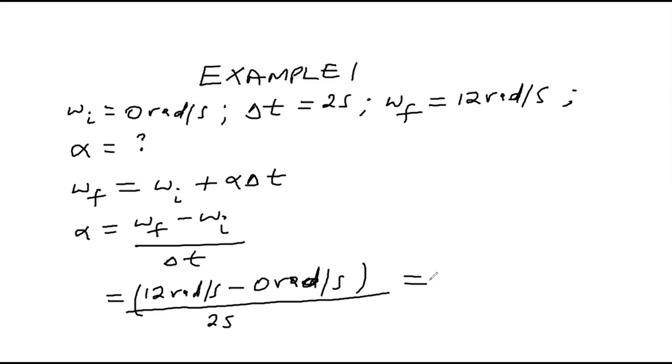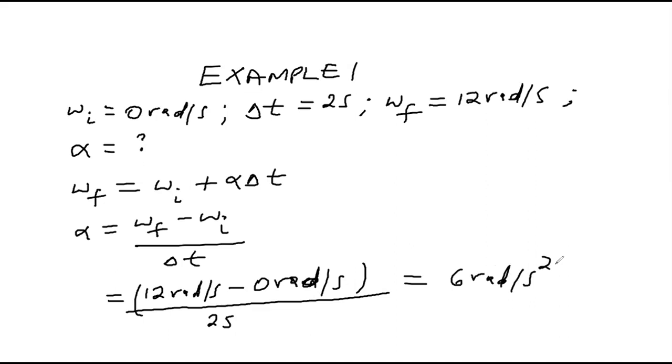Okay, let's punch the calculator together. We have 12 radians per second divided by 2 seconds. It gives us 6 radians per second squared. Okay, that is the answer.